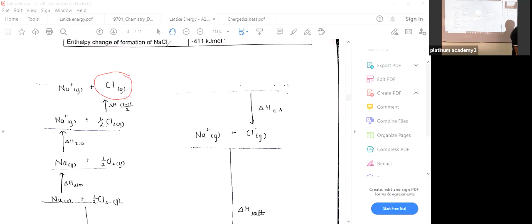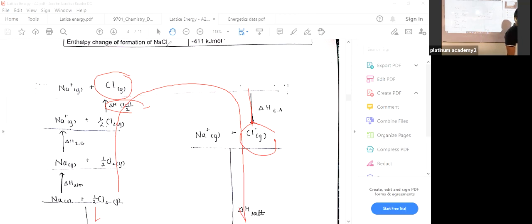Whenever you need one atom, bond energy divided by 2, because they won't give the atomization of chlorine. Then after getting the chlorine gaseous atom, you just need to add one electron. Electron affinity of chlorine is not positive, it's negative, so the arrow is going down. Now everything is connected. If you combine all this, it is equal to the formation enthalpy.